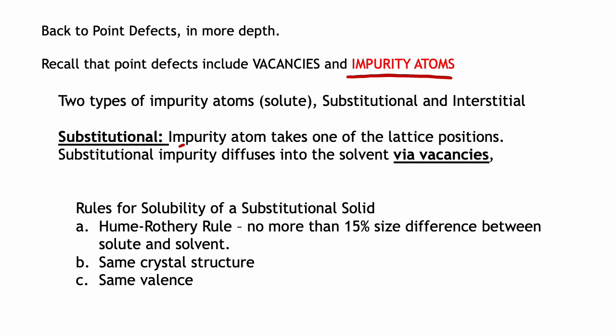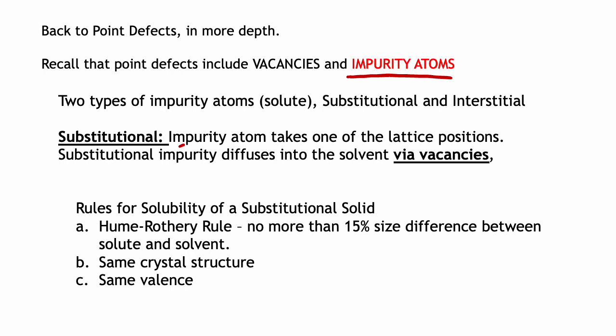There's three major rules that must be followed in order for an atom to be able to dissolve into a metal. First is that the difference in size, say radius or diameter, is no more than 15%. If it's more than that, it just can't fit there.